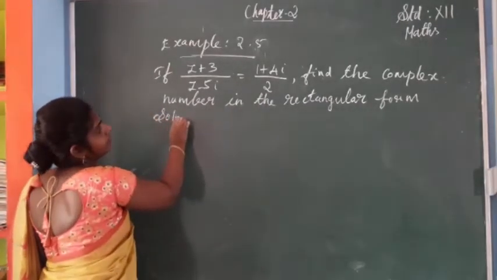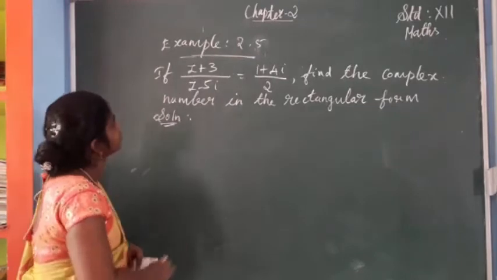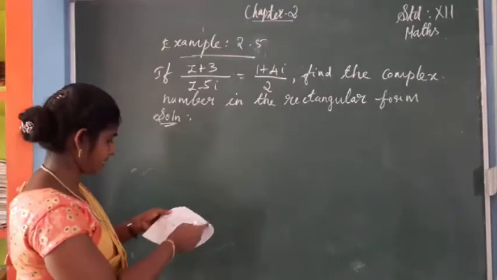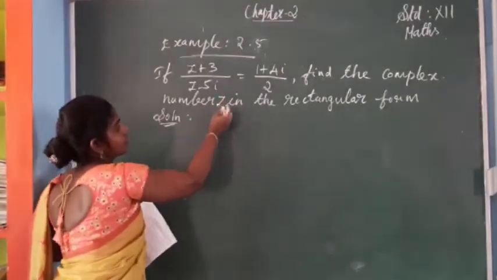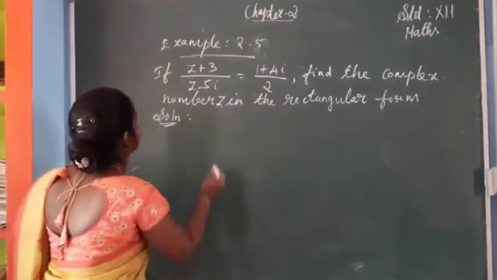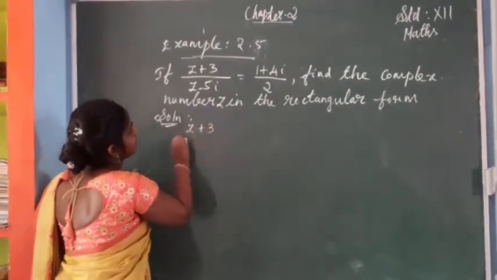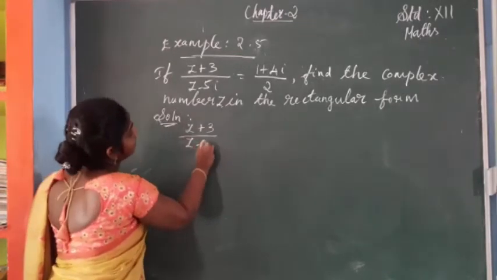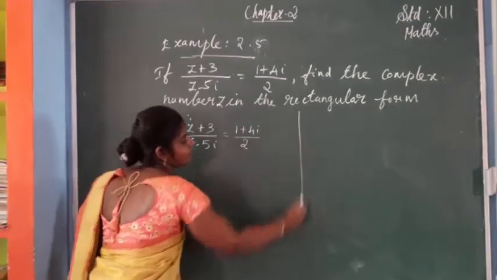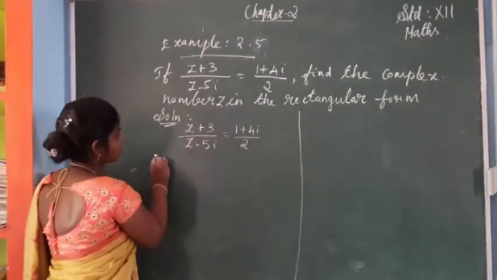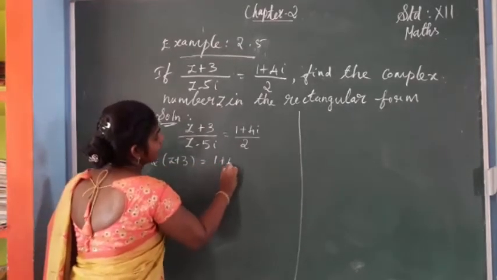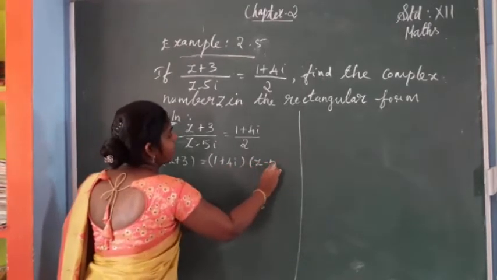So solution. The question is given: find the complex number z in the rectangular form. (z + 3)/(z - 5i) is equal to (1 + 4i)/2. So cross multiply: 2 into (z + 3) is equal to (1 + 4i) into (z - 5i).